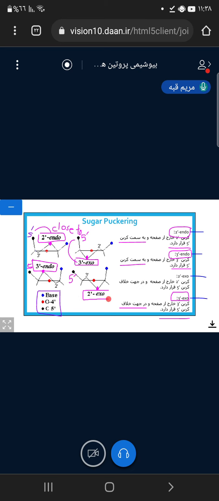So the conformation is called 2' exo. در کانفورماسیون 2' اگزو کربن 2' دور از کربن 5' قرار گرفته. پس اگزو یعنی دور از کربن 5'، اندو یعنی نزدیک کربن 5'. حالا کدوم کربن ها میتونن دور یا نزدیک باشن؟ 2' و 3'. 2' and 3' carbons can be close, endo, or far away, exo, from 5'.